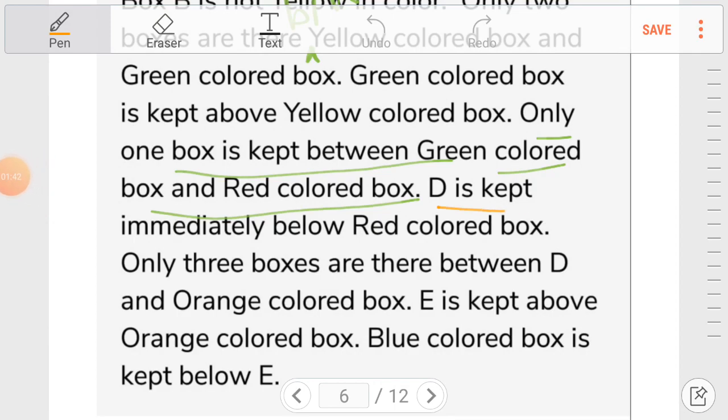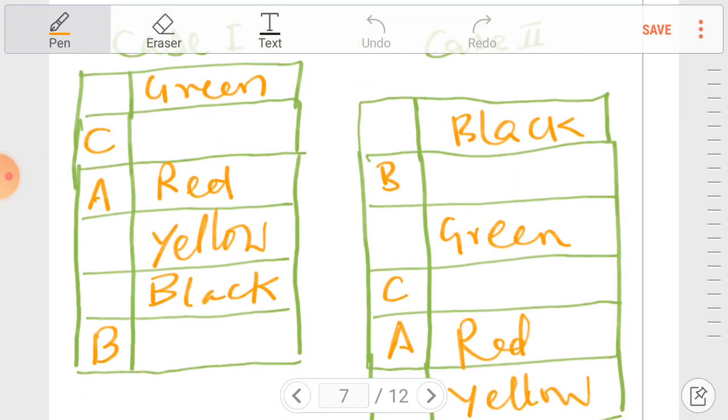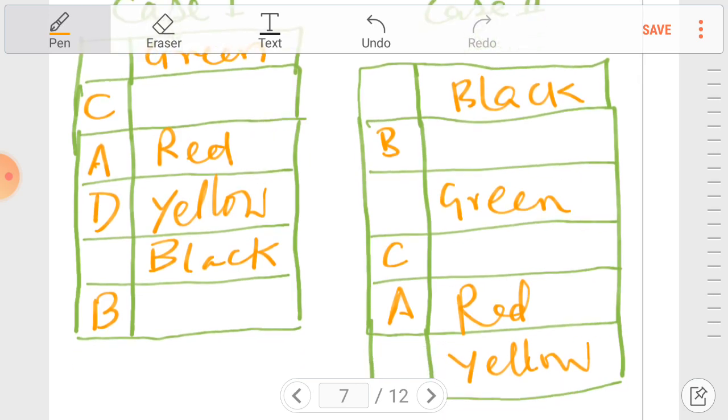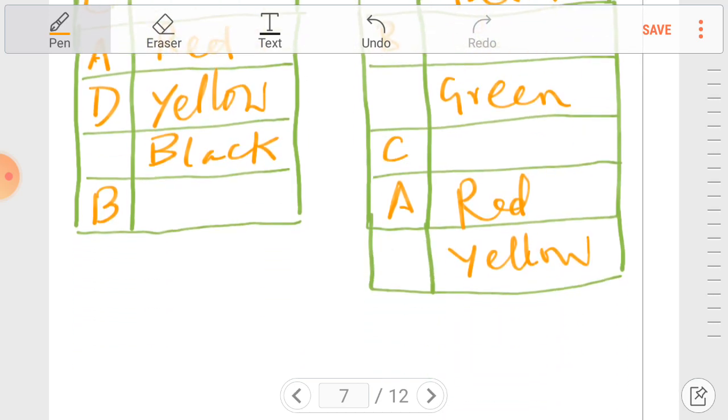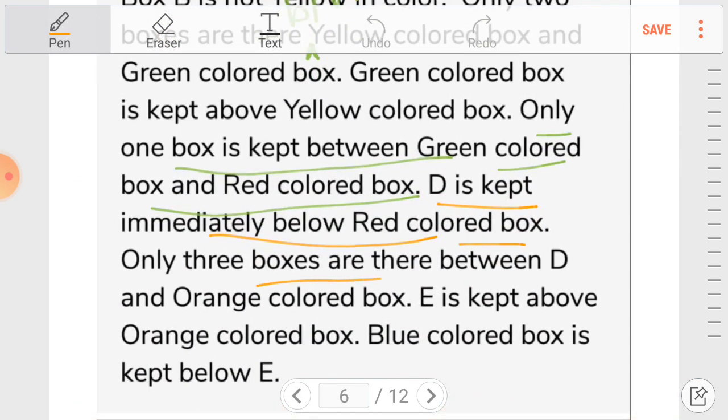See the next one, D is kept immediately below the red color box. So D is immediately below the red color box in case 2. Then only 3 boxes are there between D and the orange color box.